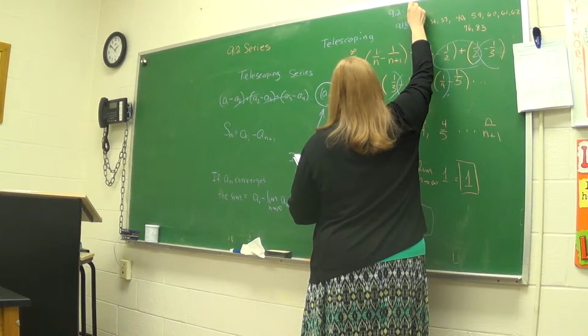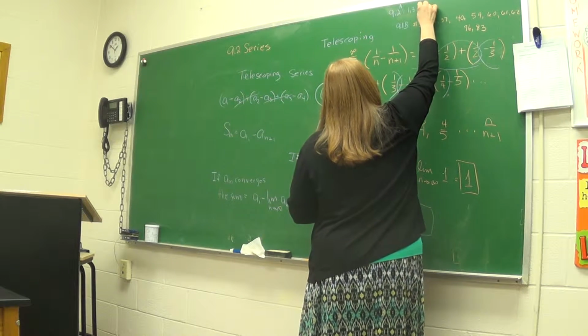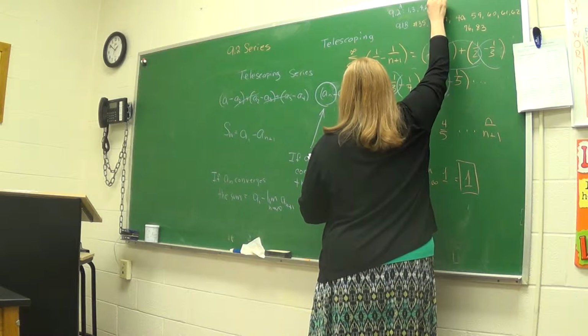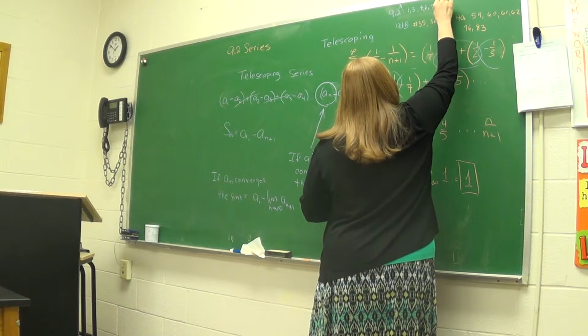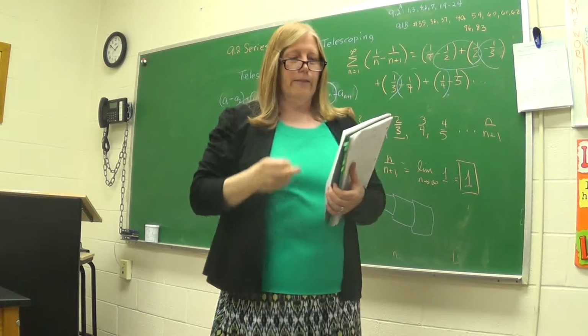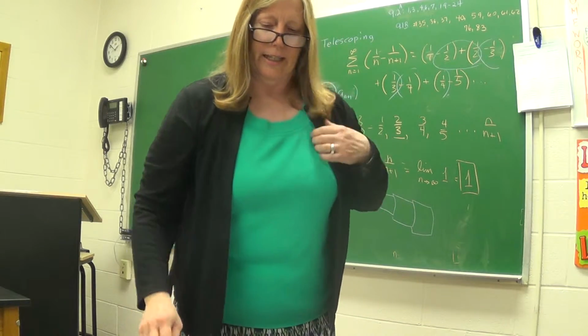Okay. Yeah, 1, 3. This is 9.2a. 1, 3, 4, 6, 7, and 19 through 24. All right. Bring that back up. We will not have any telescoping problems just yet. So you got the theory down at least.